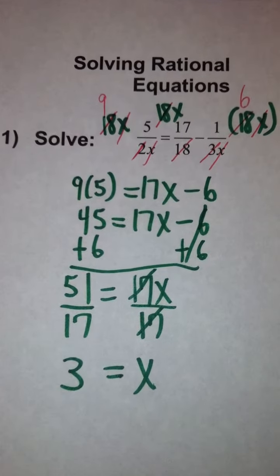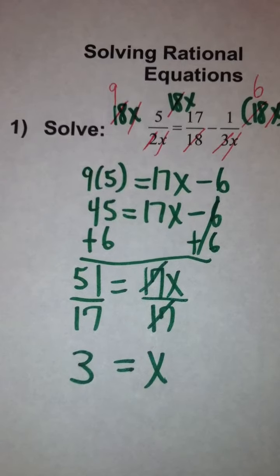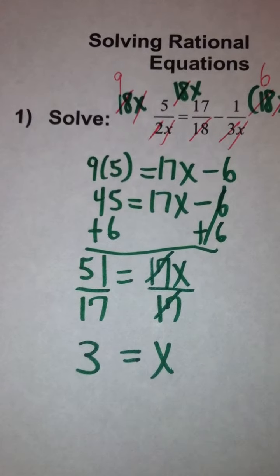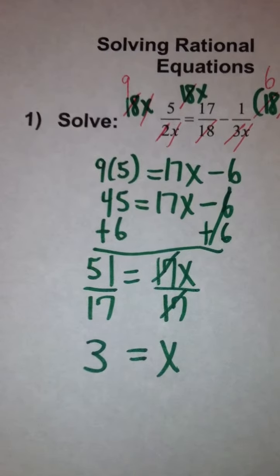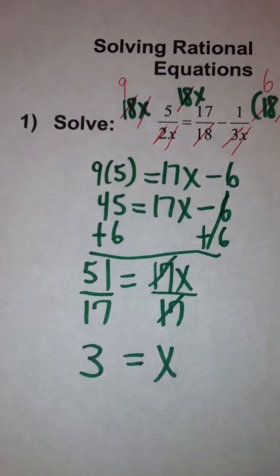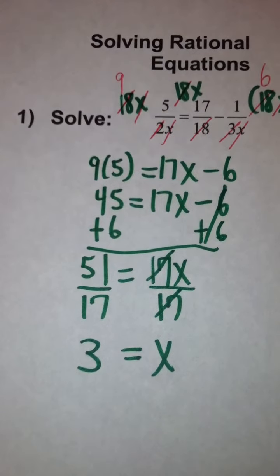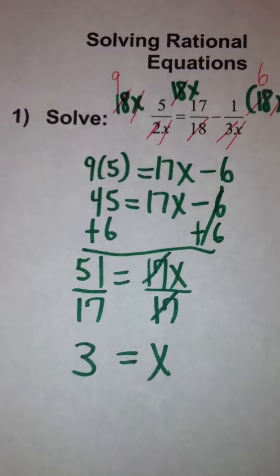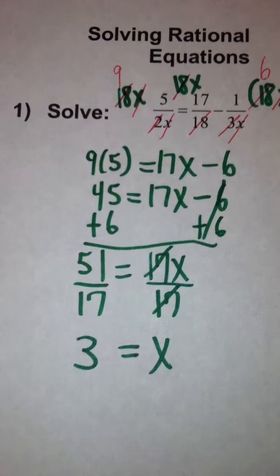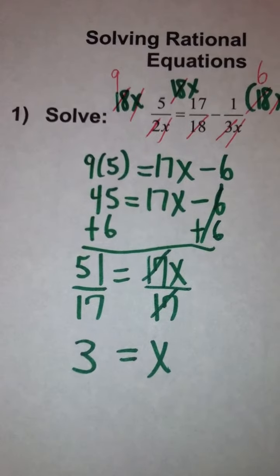Since we are dealing with fractions, we have to worry about solutions that will make any of the denominators 0, because you know that dividing by 0 is not possible. So with these problems, you have to check your answer to make sure it is a solution.